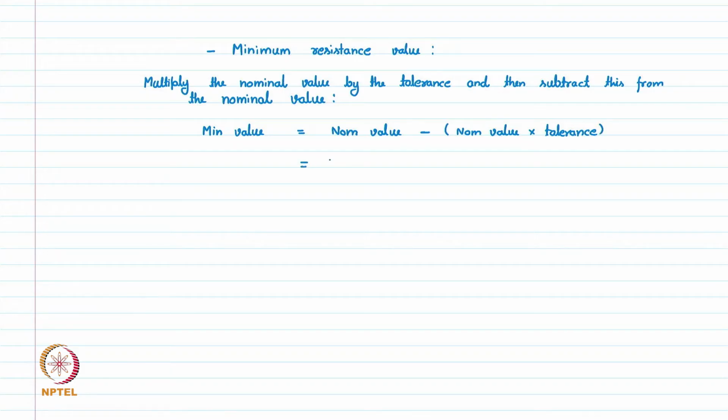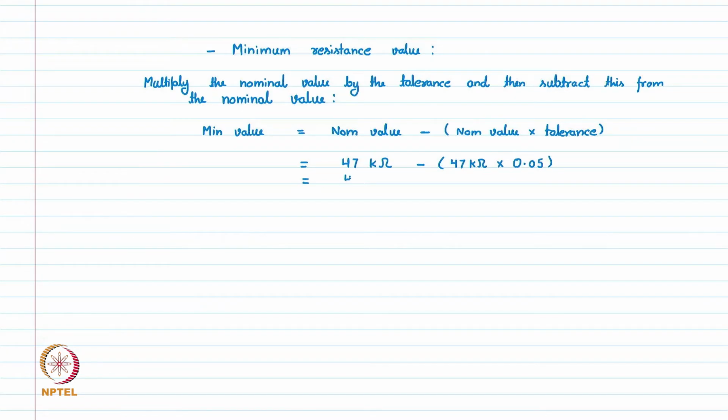In our example, it comes out 47 kilo ohm, the nominal value, minus 47 kilo ohm into 0.05, which is the tolerance.